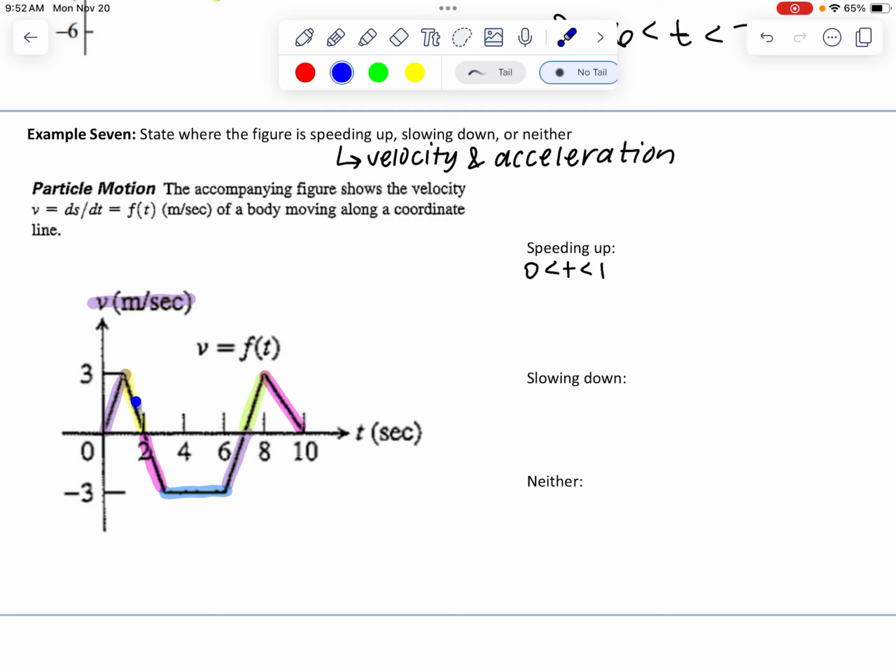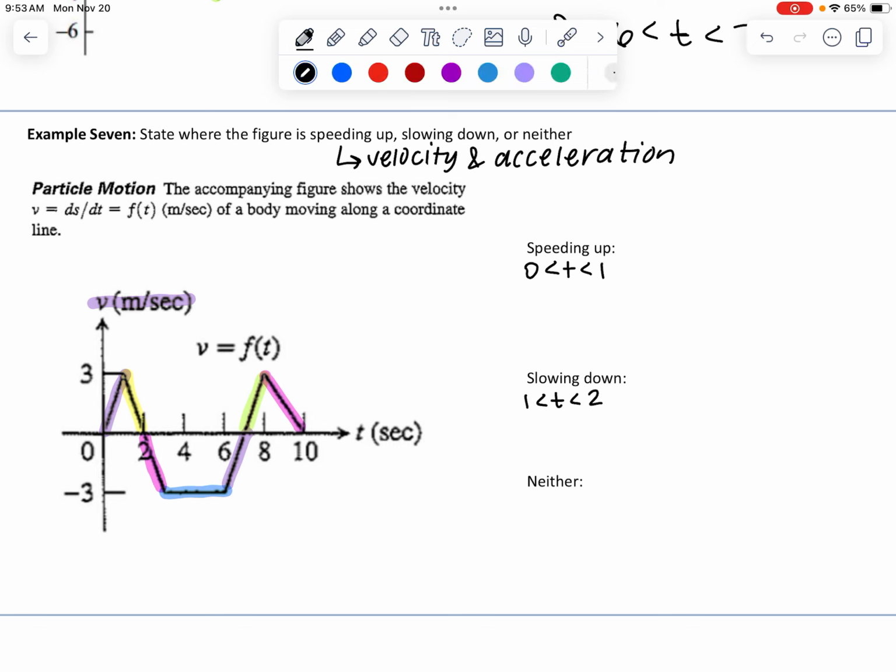Let's check this next section. Here, velocity is still positive because it's above the x-axis, but my slope is negative. That means velocity and acceleration signs don't match, so in that section my object is going to be slowing down. Next section, velocity is now negative, and the slope of this line is negative.